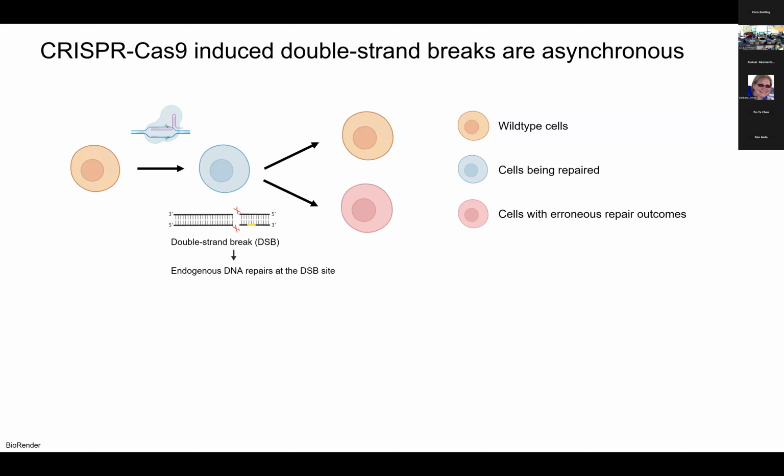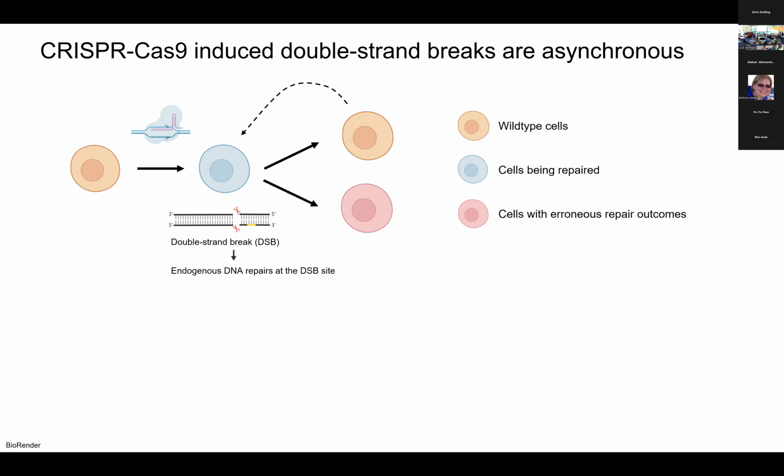One is that if the repair was successful, the sequence will become exactly the same as before, and the repair is done. Or sometimes some errors could be introduced. For example, random deletion or insertion will be introduced at the break site, and the sequence will become different from its original sequence.